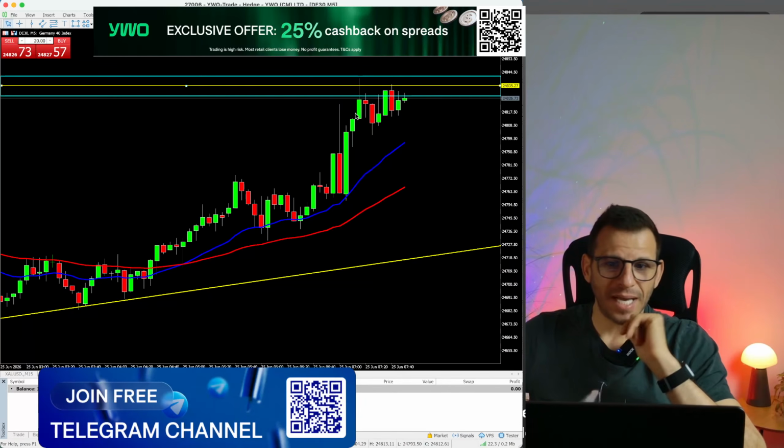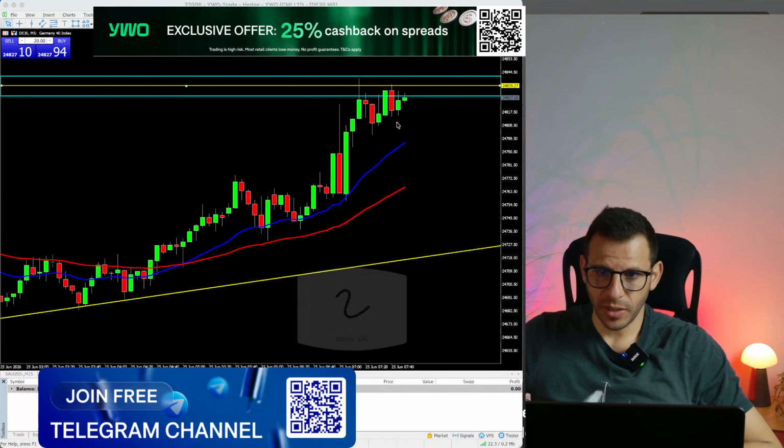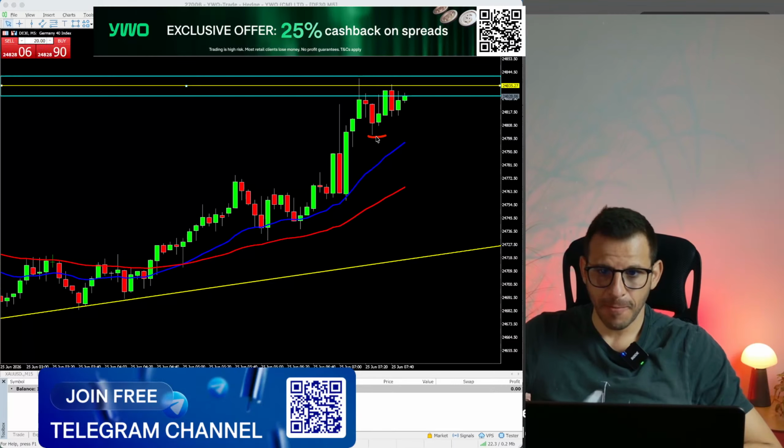I think for DAX now the case is to wait for some structure created at this level, which is this swing low at the bottom.